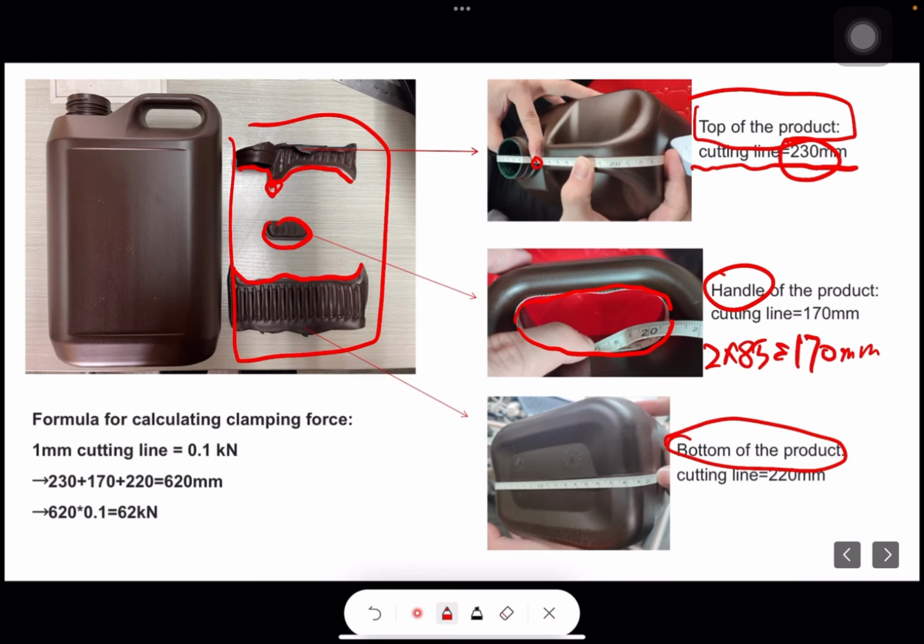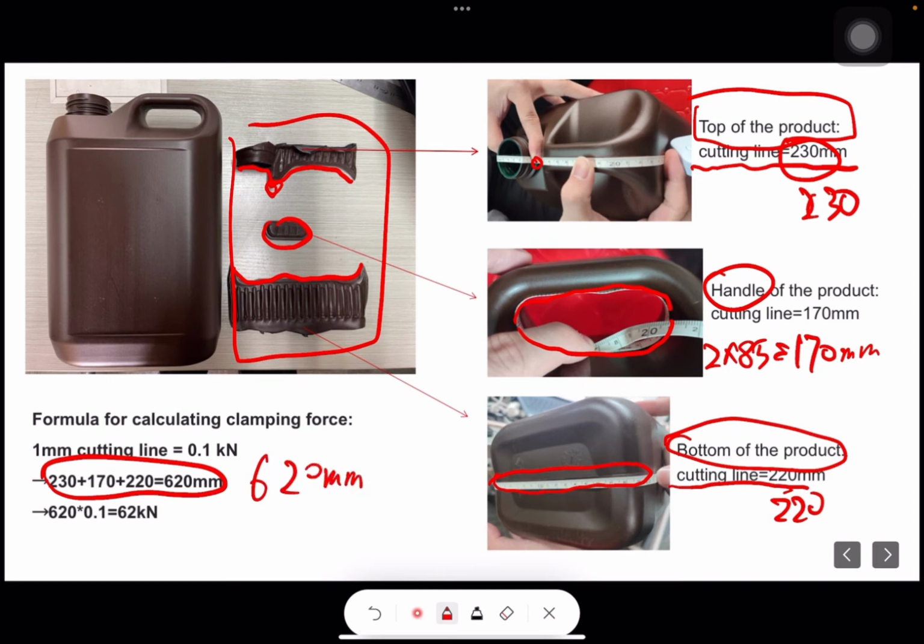It's so clear. Here is the conjoint line, and the cutting line is 220. So we add them together, and here we go: 620 mm cutting line.